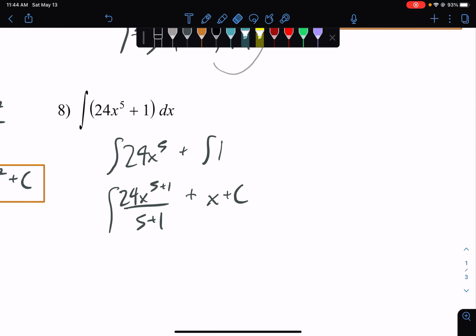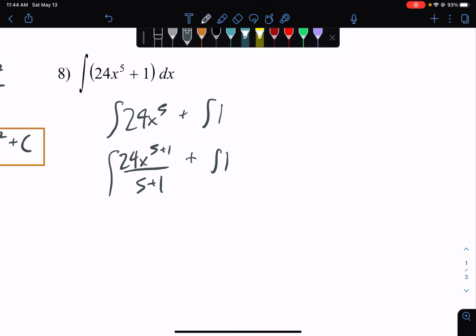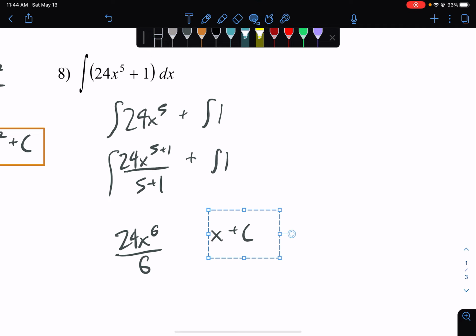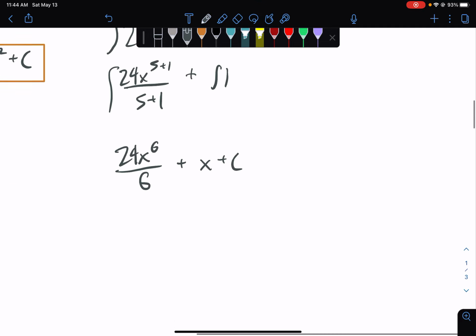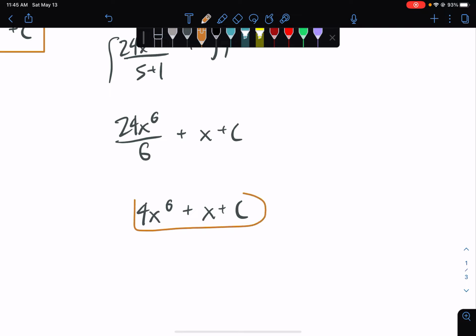It's not exactly mandatory, but I just keep it this way for now, just to respect the time it takes to solve for the first term. But we'll eventually write x plus c later, once this one is simplified already. So 24x raised to 6 over 6, and then plus x plus c. I hope you get my point. Any way could do, as long as it follows the rules of math. So 24 over 6 is 4, and then finished.